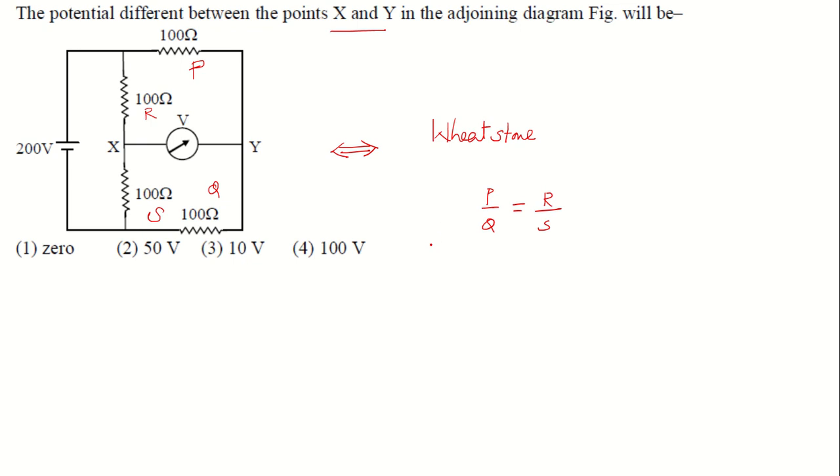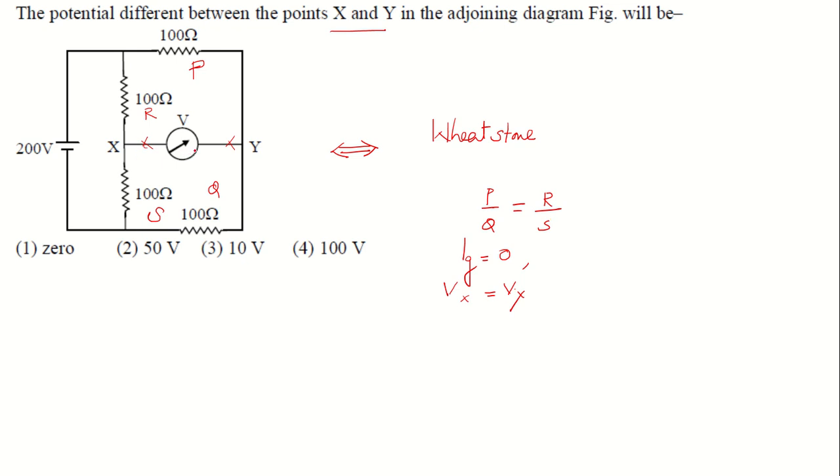That means we know the galvanometer current, the middle arm current, is equal to 0. That means there is no current flowing through this arm. That will happen only when the potential at the point x is equal to the potential at the point y. Then only can we say the current flowing through it becomes 0.